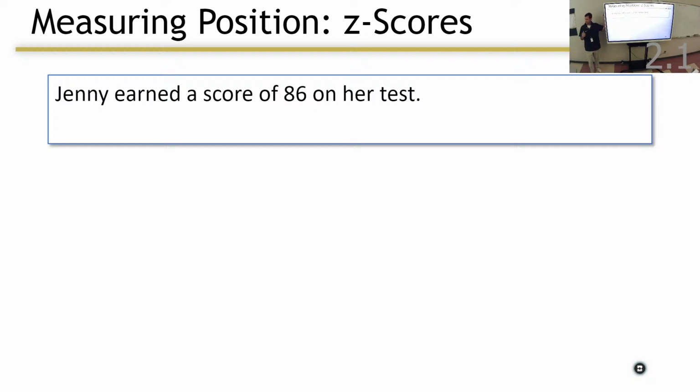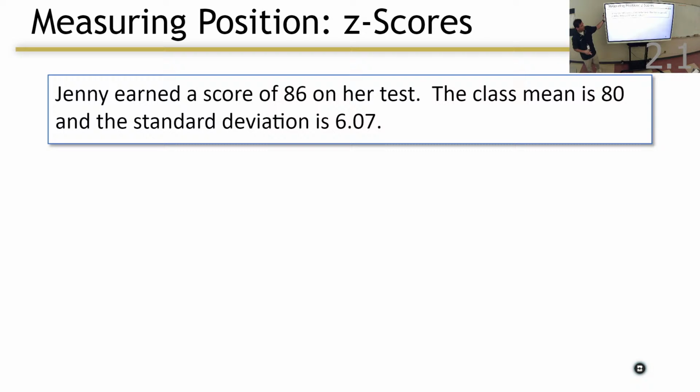Jenny scored an 86 on the test. The class mean is 80. Beautiful. When it gives me something, I'm going to tell you that. Her score is 86, X bar is 80, and the standard deviation is 6.07.